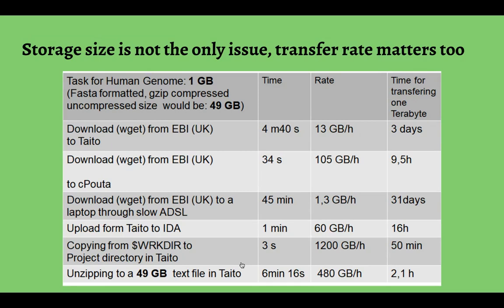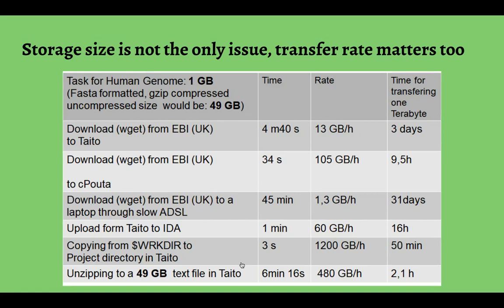I think these values may be very dependent on the time of the day when I'm doing that. And in the case of a 1 gigabyte file, it's not an issue.